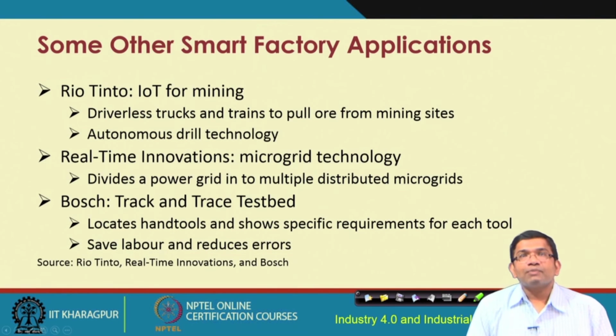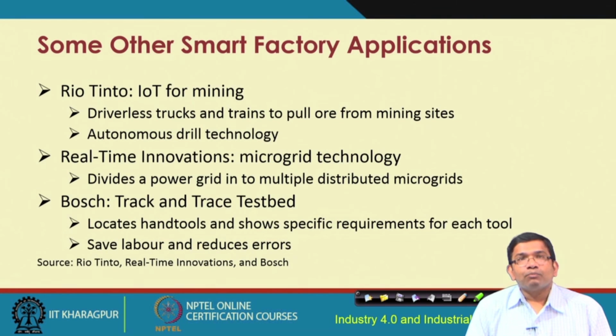So, some other smart factory applications include the implementation of IoT by IIoT for mining. So, IIoT has driverless trucks and trains to pull ore from the mining sites, and they also have the autonomous drill technology. There are different other IoT applications in the power grid sector, where IoT has been deployed to make the power systems much smarter.